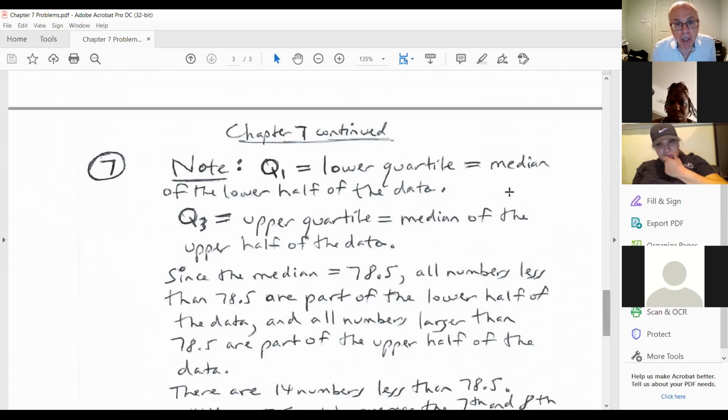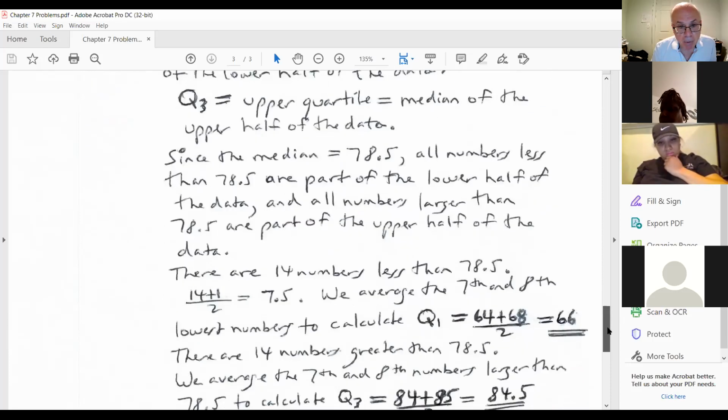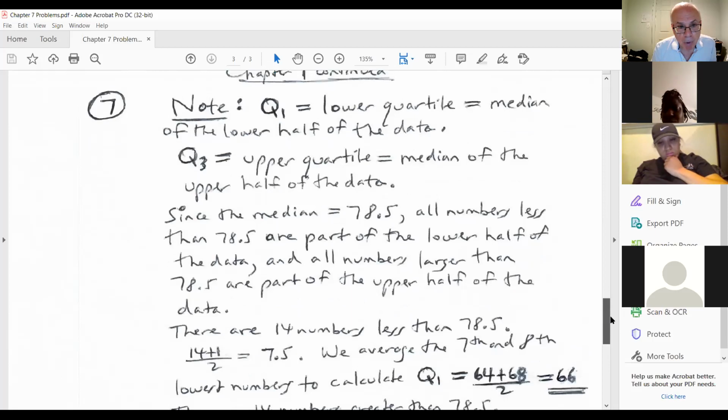It means 25% of the data is between the lowest value in the data set and Q1. 25% of the data is between Q1 and the median. 25% of the data is between the median and Q3, and 25% of the data is between Q3 and the maximum number. And you'll see that when I graph a box plot, which is a visual way of showing that.